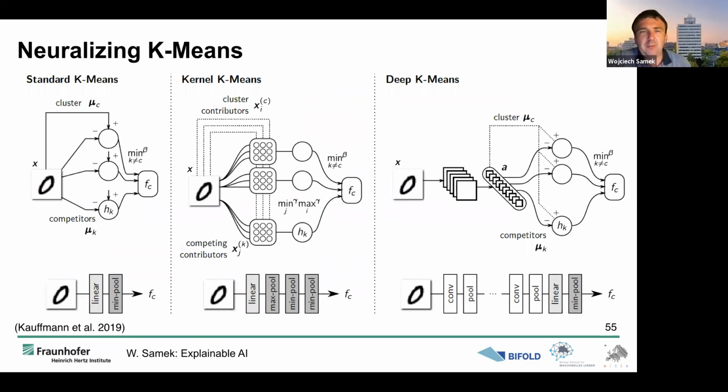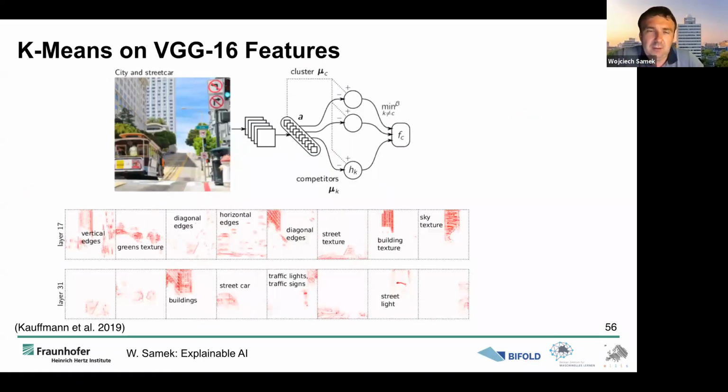So here we clustered VGG internal features, and you see a nice clustering. You see that some of the shapes encode certain complex objects, whereas others are more textures or buildings or parts of the buildings.